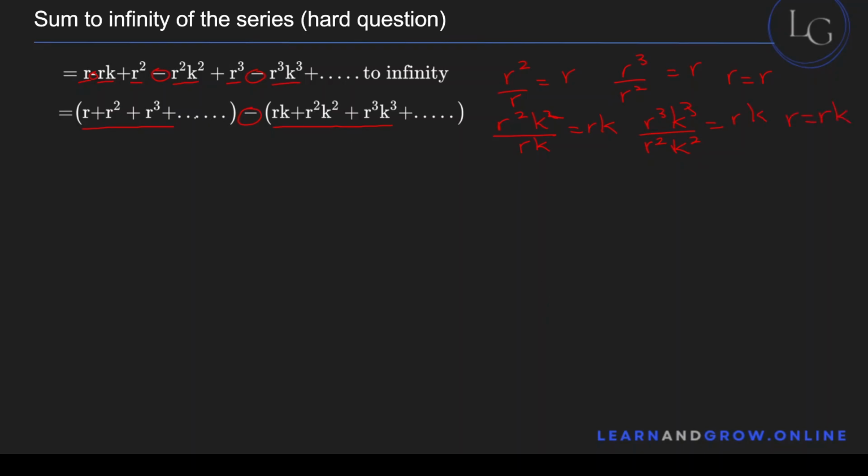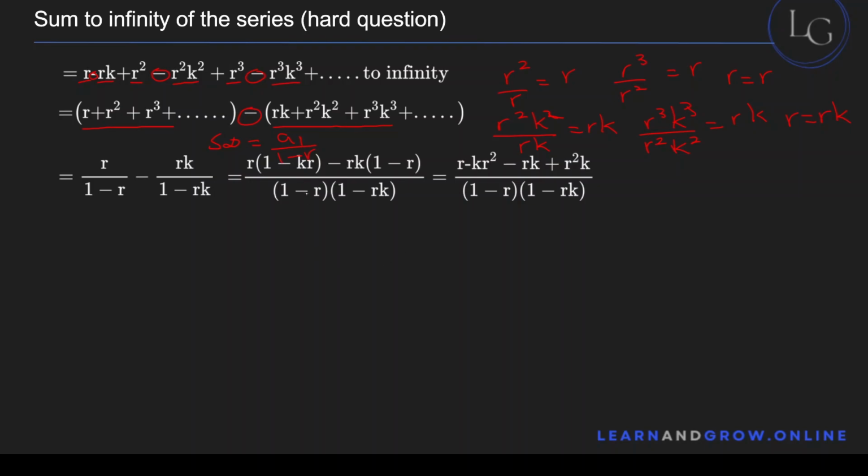So now we have two geometric series, and so we can apply the formula of S infinity, and that was S infinity is equal to a1 over 1 minus r. When you apply that on these two geometric series, you get this.